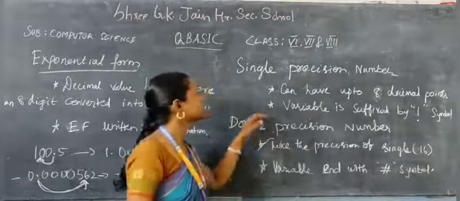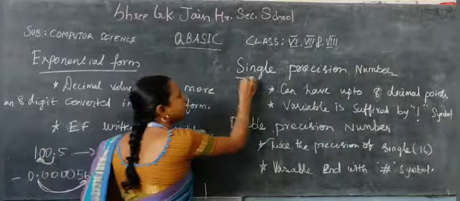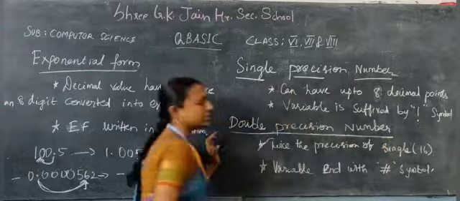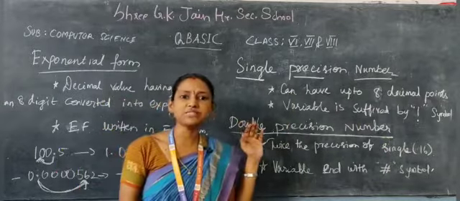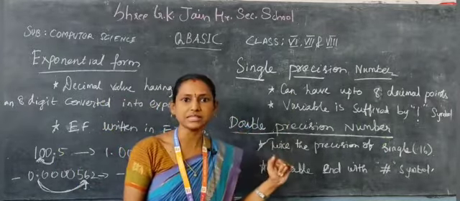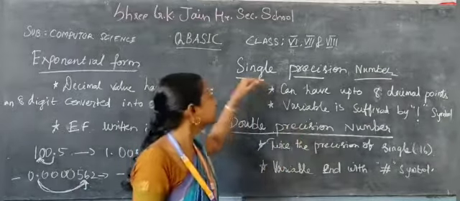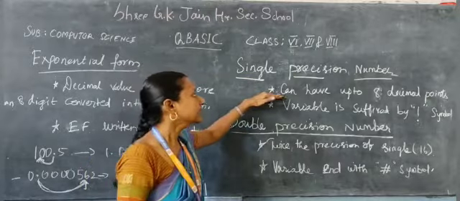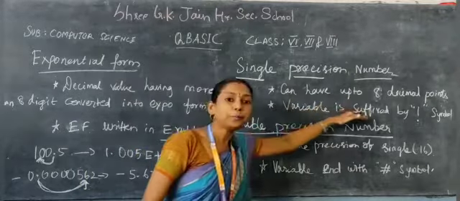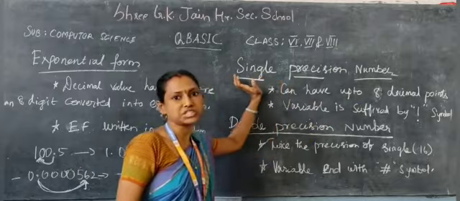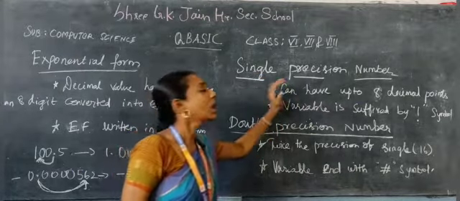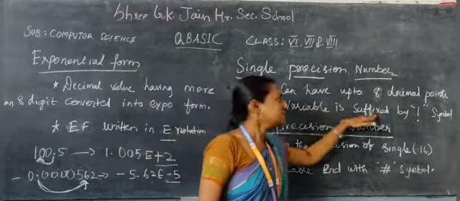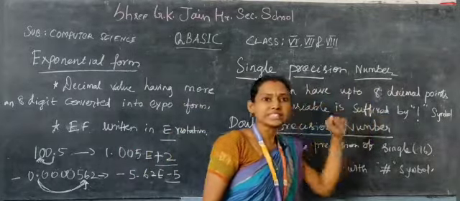Next, we are going to discuss the single precision number and double precision number. These are two numeric types, as we have seen with the integer variable. A single precision number can have values up to 8 decimal points, and the variable is suffixed by an exclamatory symbol.